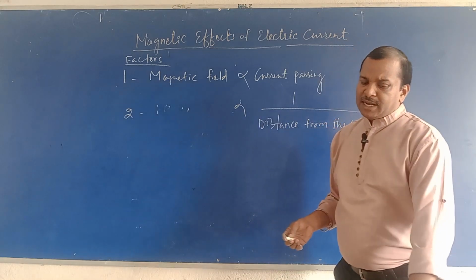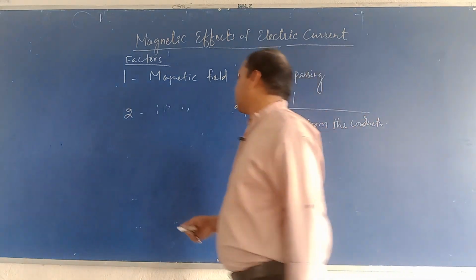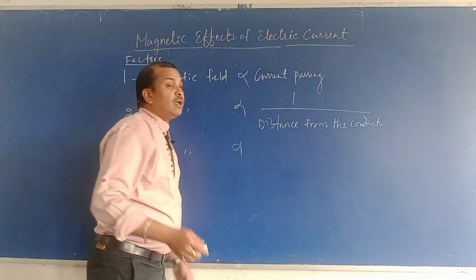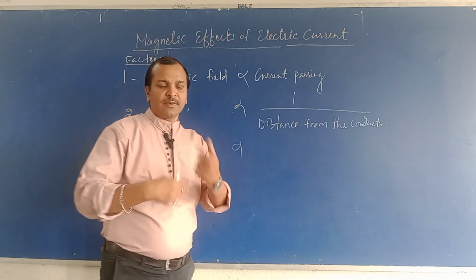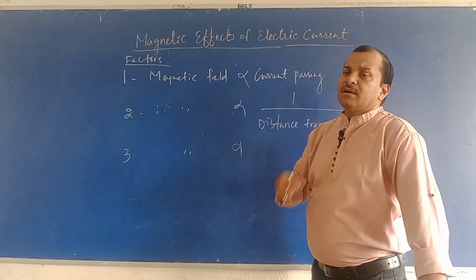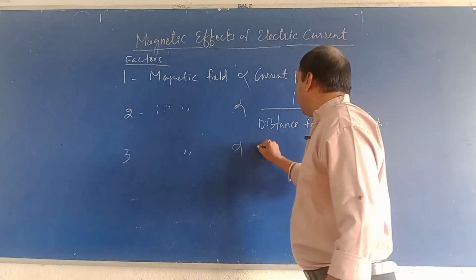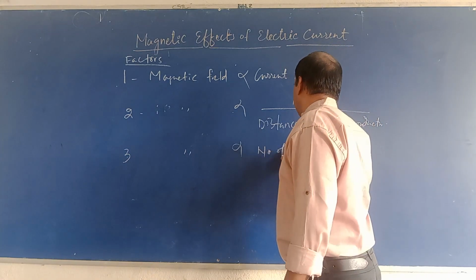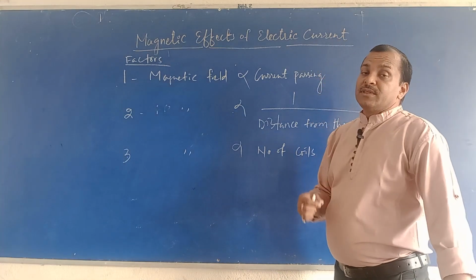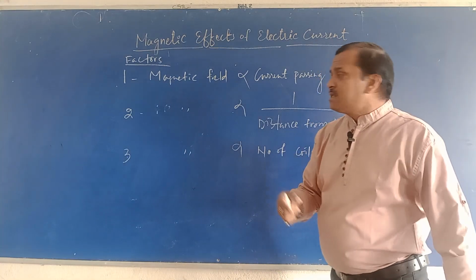The third one is that the magnetic field is directly proportional to the number of turns. What is a coil?